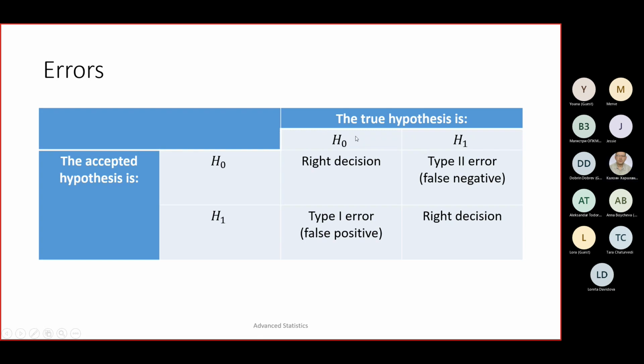So the negative statement is true, but our conclusion is that we accept positive statement, and we have false positive conclusion or false positive decision. And in the second case, the positive statement is true, but our conclusion is that we must accept negative statement. So we have here false negative conclusion or false negative decision.